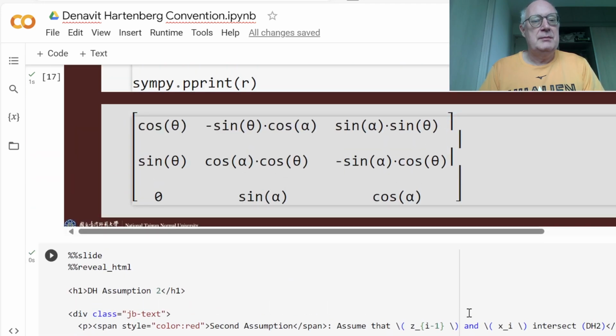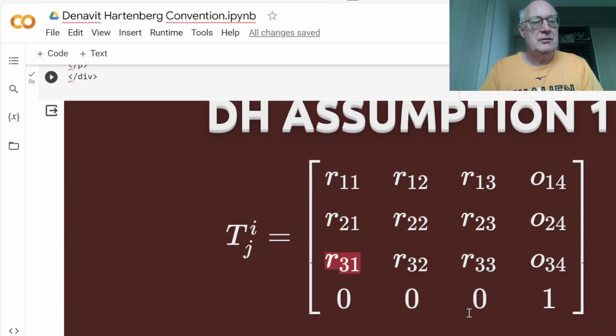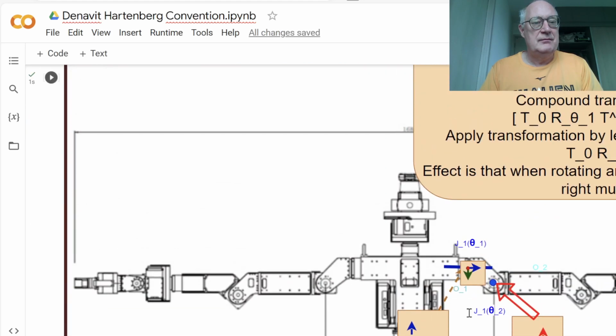And this is what I implemented here in my set of utility functions.